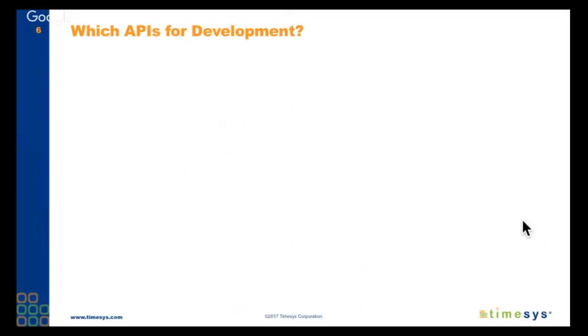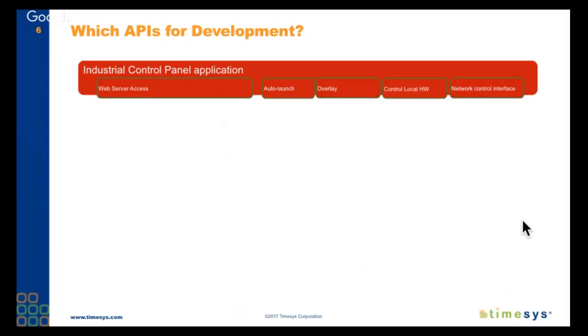Let's continue. Which APIs for development? When we start our application design, we always think of the specific use case that we're going to have. So I picked an industrial control panel application, which would have some web services, a UI that would show up on an LCD display, auto-launching, overlays, and network connectivity.